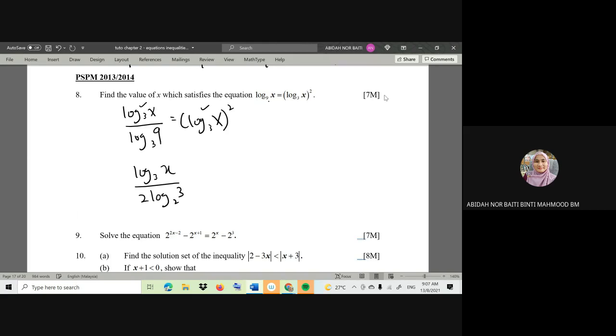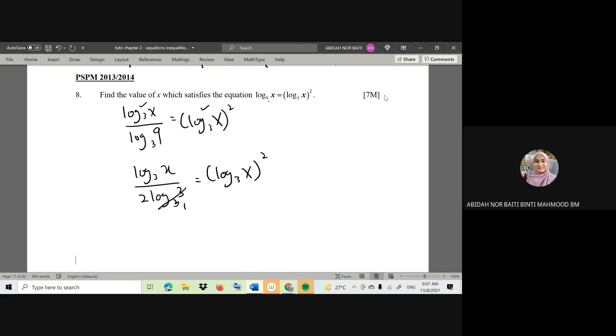So terus pakai law number 3. So log 3 base 3 is 1. This is equal to log x base 3 power of 2. Okay, then let log x base 3 equal to a. So gantilah kat sini yang sama ni. So a over 2 is squared. Okay, rearrange, cross multiply ya. Cross multiply. Rearrange.